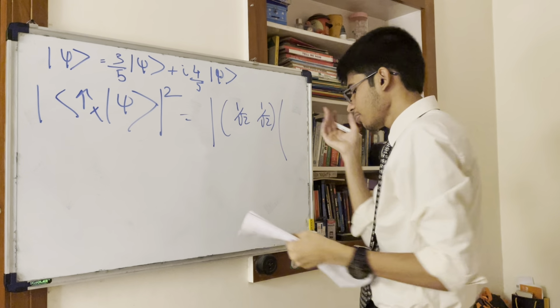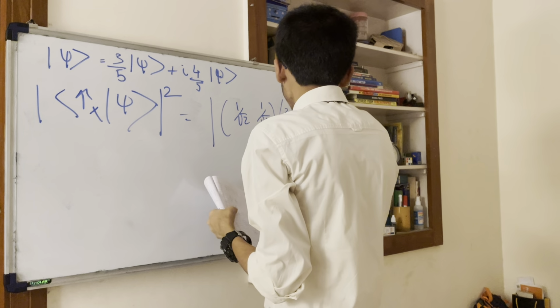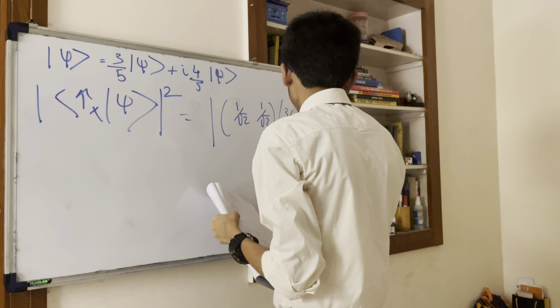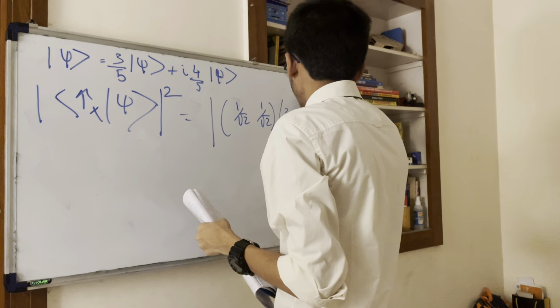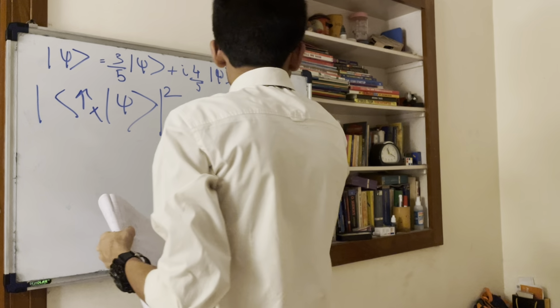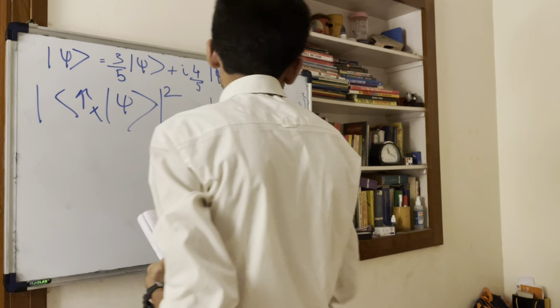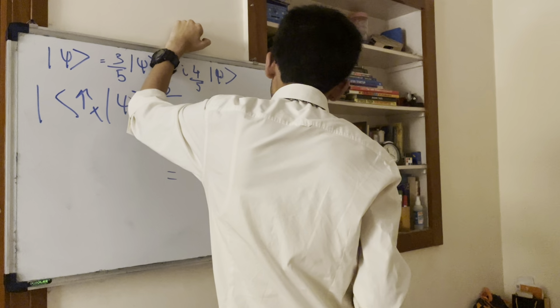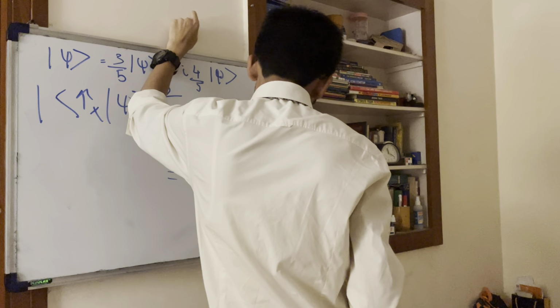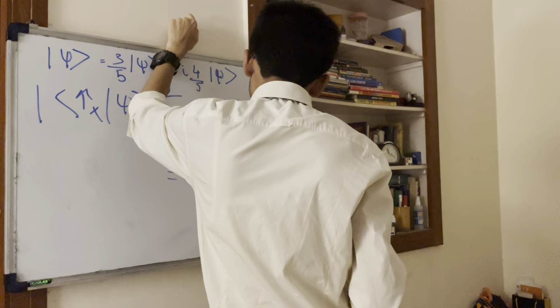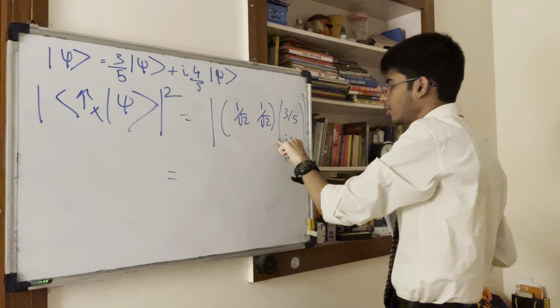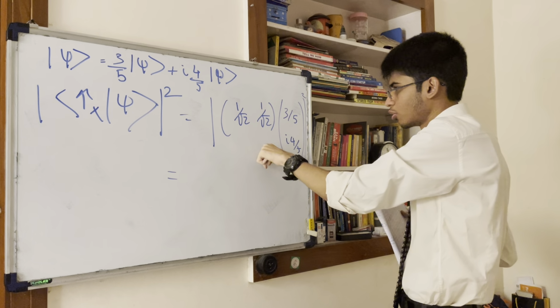I'll just plug them over here as 3 by 5 and i 4 by 5, squared. So I multiply this into this, and I'll get 3 by 5 root 2 and i 4 times i into 4 times 5 root 2.